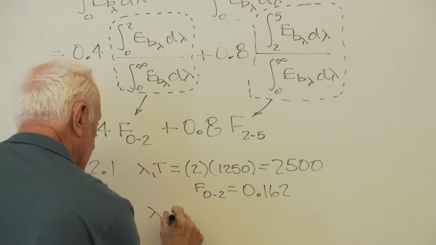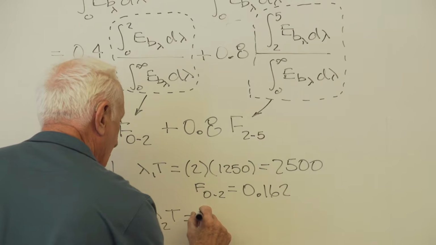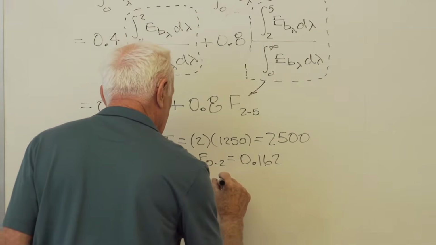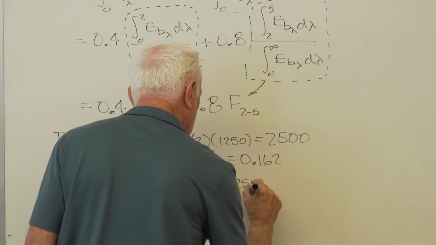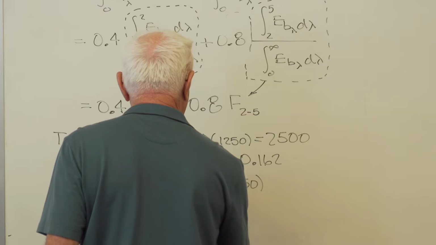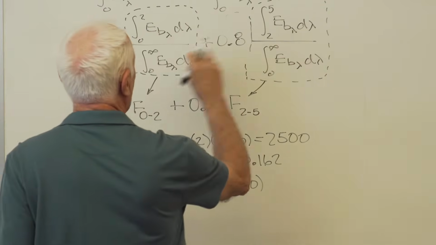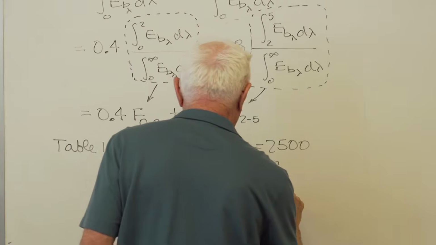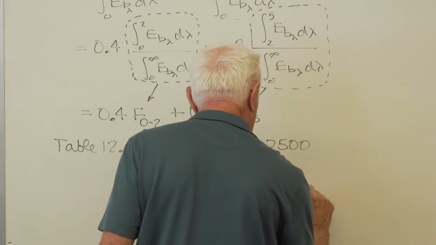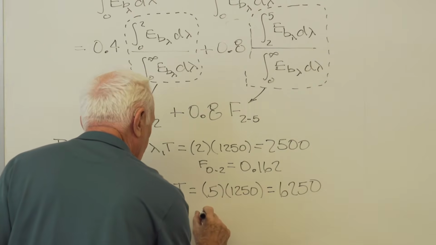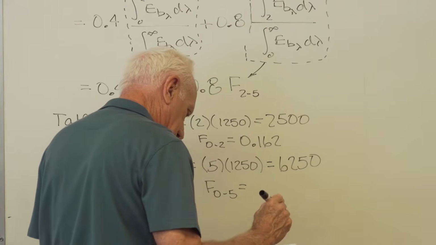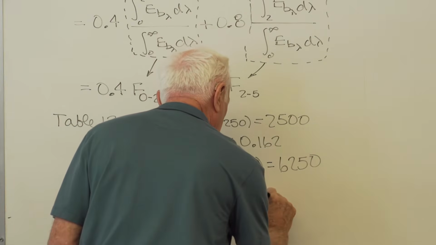Lambda 2 T, that's 5 microns, not 10, at 1250. That's my 5 micron point there, 6250. From table 12.1, F 0 to 5, 757.